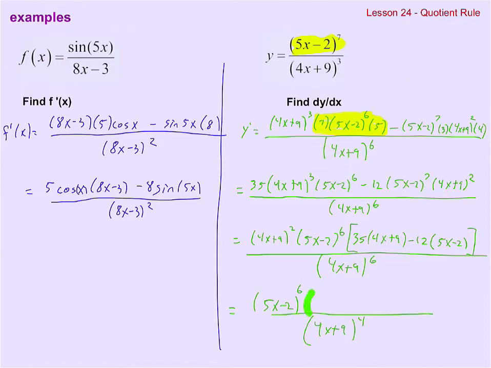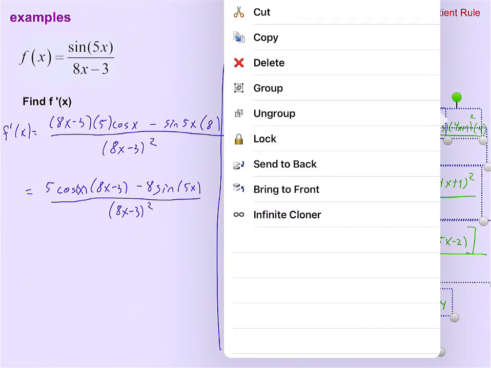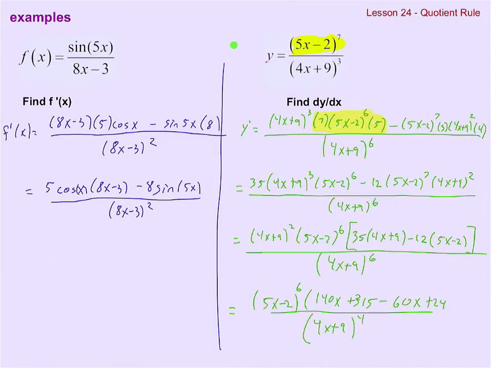So if I put those together, that is 140x. Actually, I'll write it out the long way first. 140x and 35 times 9 is 270 and 45. So that's 315. Minus 60x plus 24. So I can do one last thing, I'm just going to group all of this together so I can shrink it a little bit.